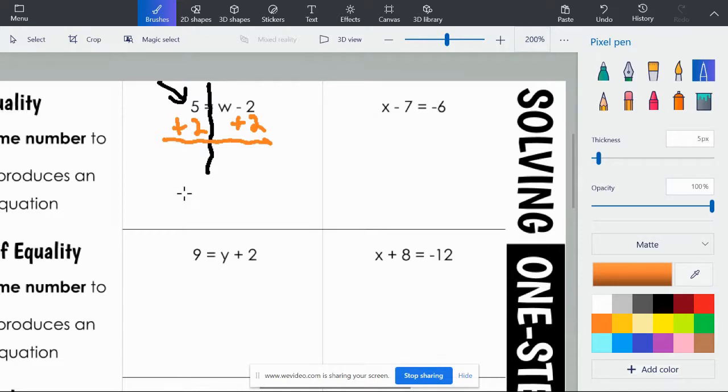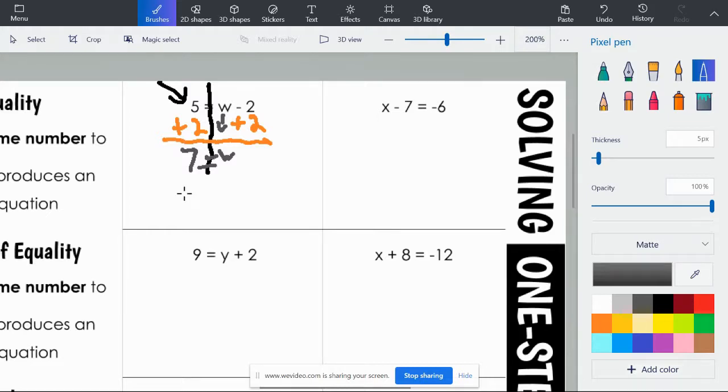So this minus 2 plus 2 turns into a 0, and we drop our W down here. You don't have to put that 0 anywhere in your equation. Then what we have over here is 5 plus 2 is 7.